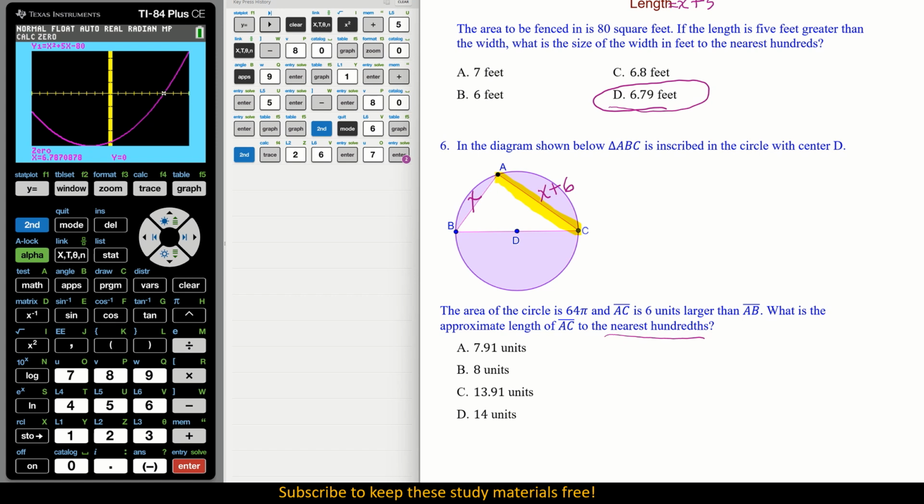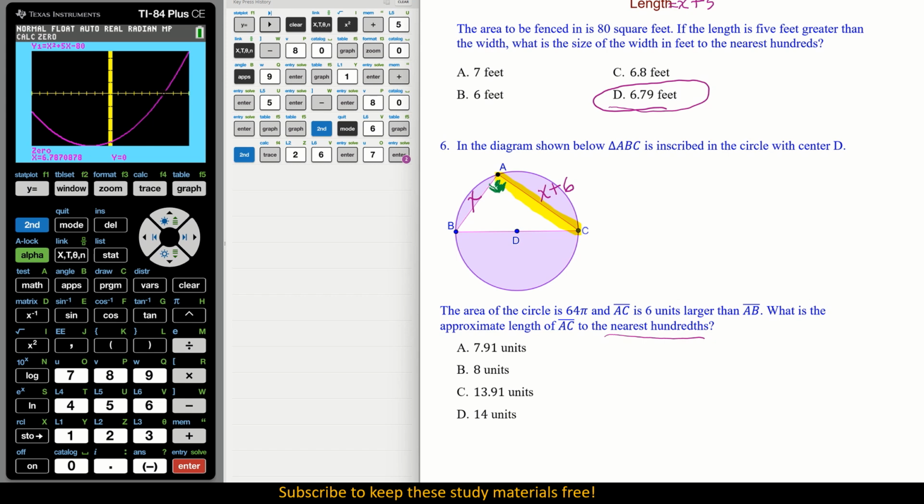Now here's the thing. There are some properties that we should know. First off, when we have a triangle that is inscribed just like this, and we see that the hypotenuse of our triangle is the diameter of the circle, we know for a fact that this is a right triangle, and the right angle is going to be A. It's going to be the point that's on that point A on the circle.